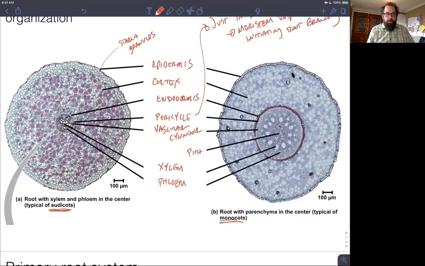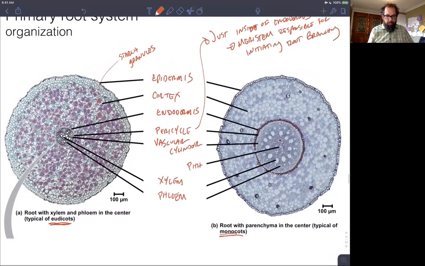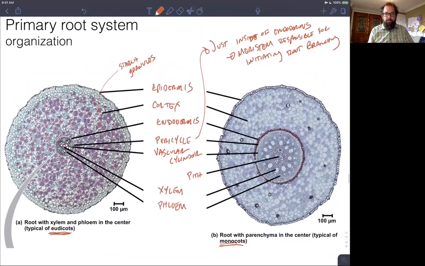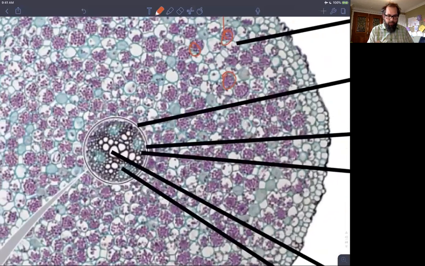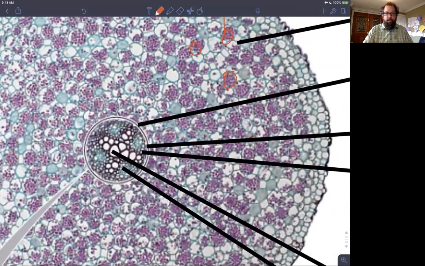Okay, so I'm going to zoom in on a couple of these just so you can see them a little better, but I'll emphasize a few things here. One is that in the roots of angiosperms, both monocots and dicots, we have the vascular cylinder in the center of the roots. The main difference between monocots and dicots is that if we look at a dicot root cross-section, there's that vascular cylinder in the center.